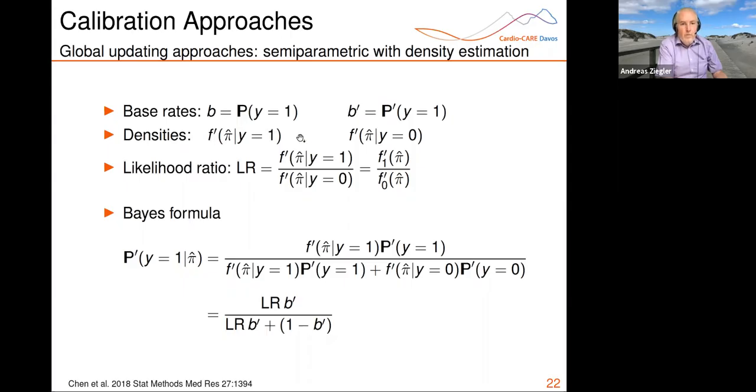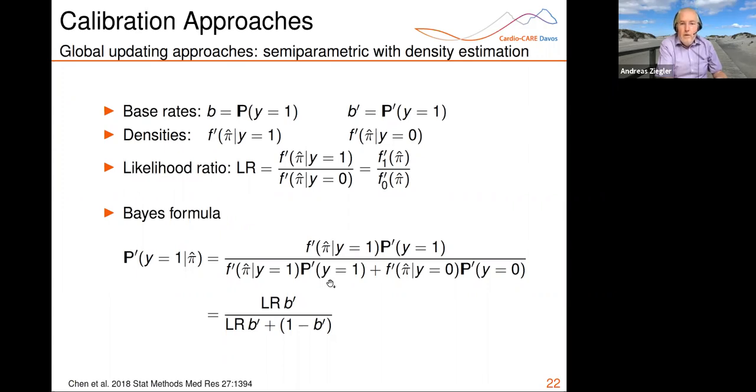So do something more complicated than just a histogram, just for the group of the cases. And we can also estimate the density just in the group of controls. And then we can form a likelihood ratio. And if we use this likelihood ratio and apply the Bayes formula, then we end up with a very simple thing at the end of the day. So if we start with what we want, which is the probability in our validation data that a subject is affected, given our probability estimate pi hat, then we can apply the Bayes formula and get this expression here.